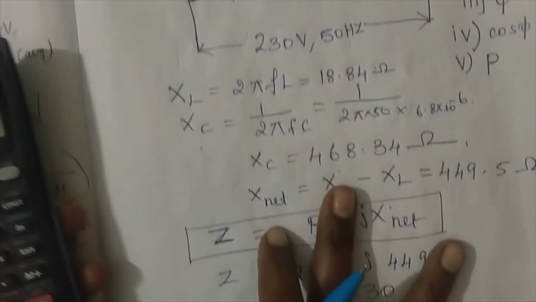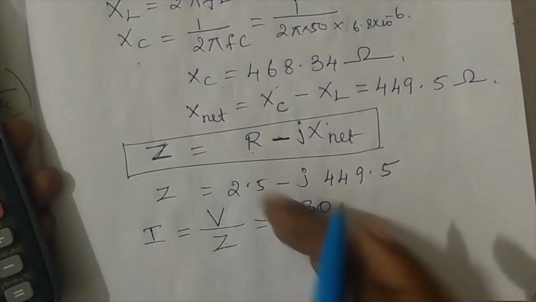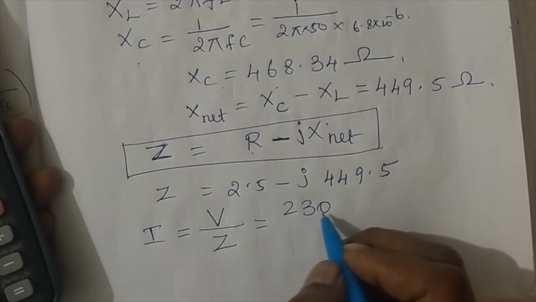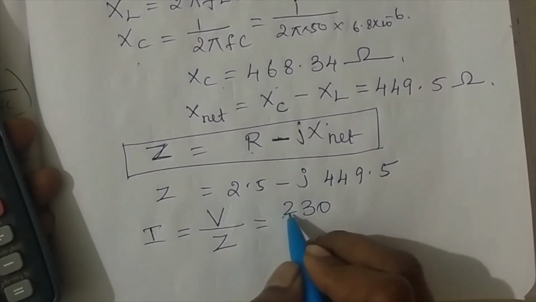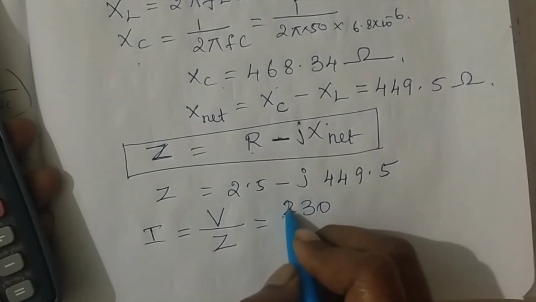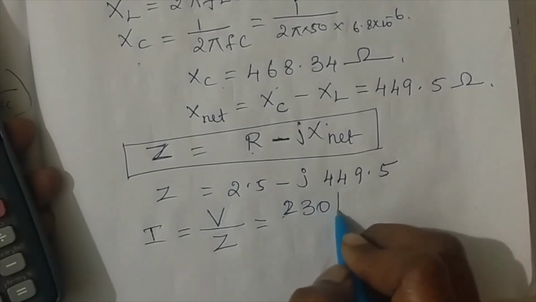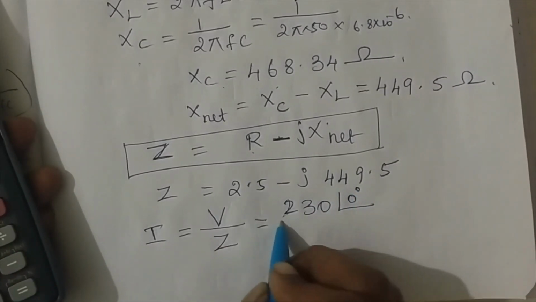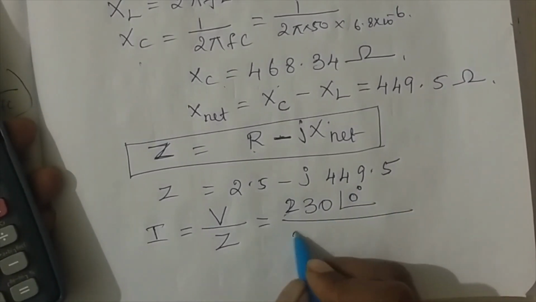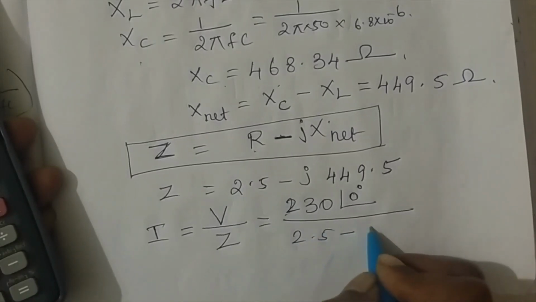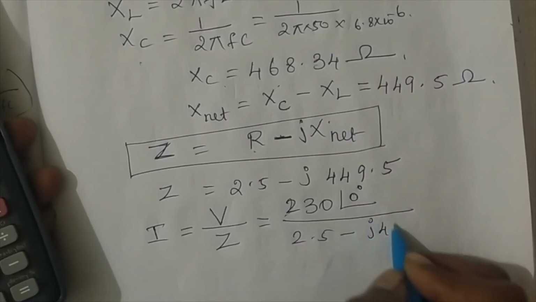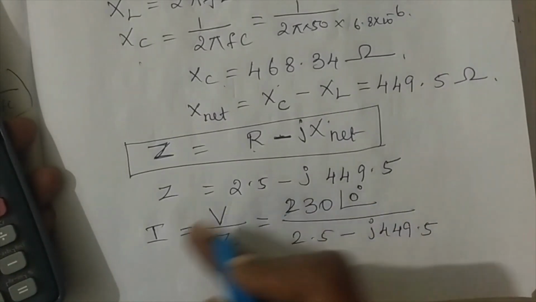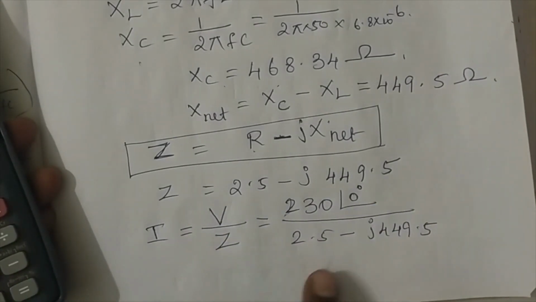If the RMS value is given, you have to take it as polar form, and the given value is the magnitude, but the angle is not given, so you have to assume that it is 0 degree. And in the denominator, the impedance value is 2.5 minus J 449.5, right? And I am going to find the current value in polar form.